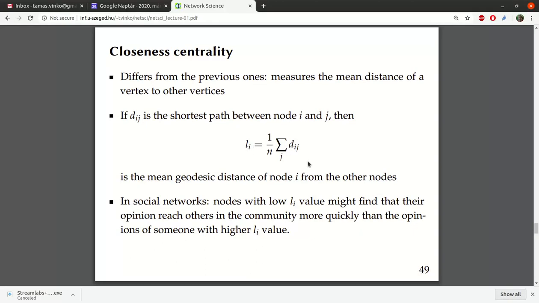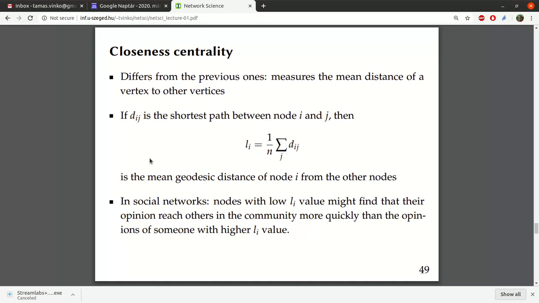And what we are calculating here is denoted by L sub I. For each and every node I, we are calculating the length of the shortest path from this particular node I to all the J nodes. We are summing this up and dividing it by n, which is the number of nodes. So what we are calculating here is an average distance from node I to all the other nodes.